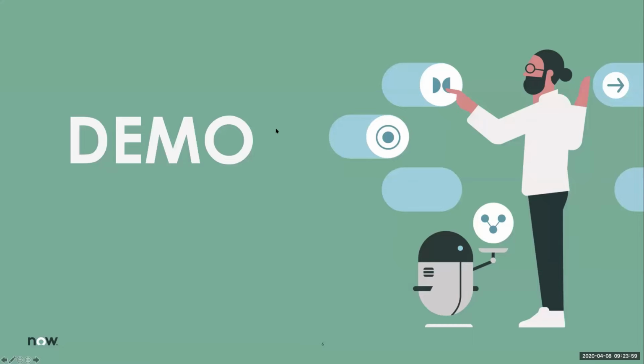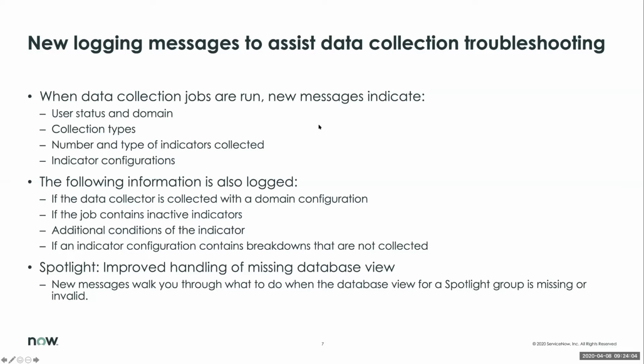All right. So let me go back to my PowerPoint. To summarize, new logging messages to assist your data collection troubleshooting. So as you saw, user status and domain, the collection types, types of indicators and the number, the configurations, and we also logged additional information.